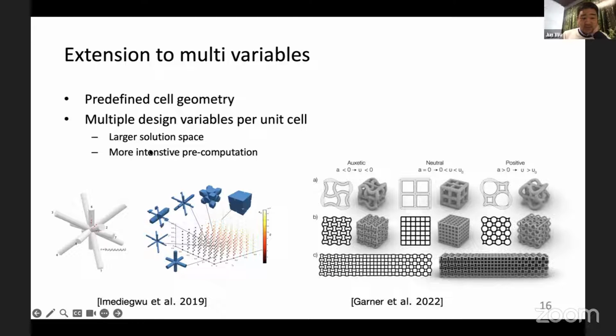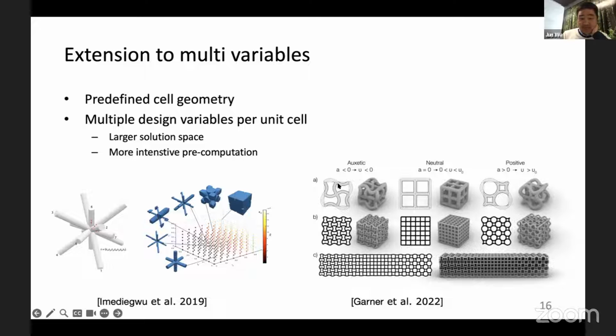This increases the solution space, but it also requires a lot of pre-computation. If each variable uses 10 different values, and because we have 7 design variables, you would need to perform numerical homogenization 10 to the power of 7 times, which is huge.